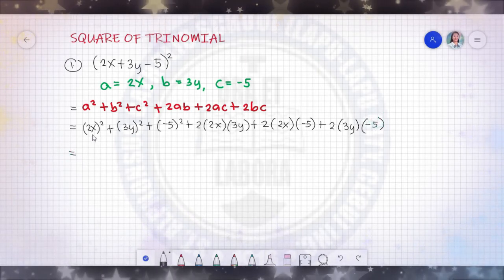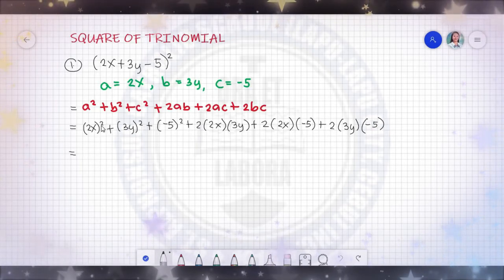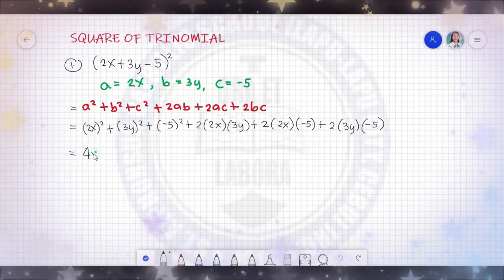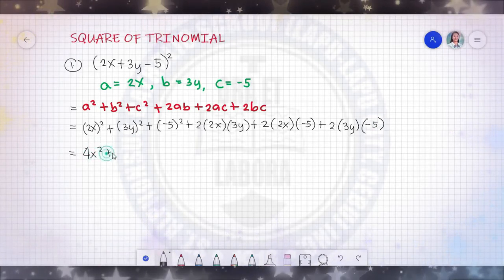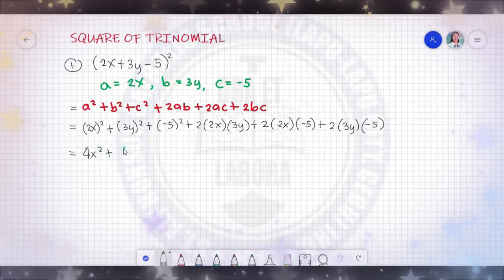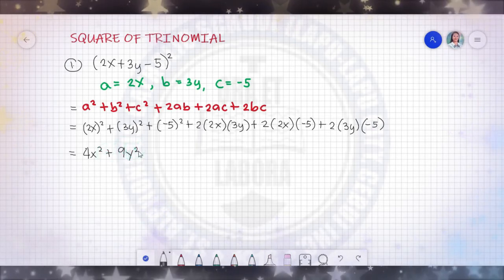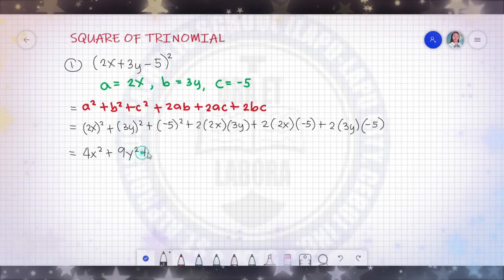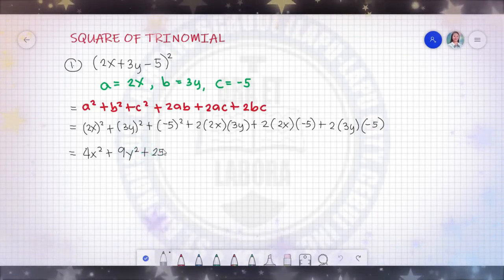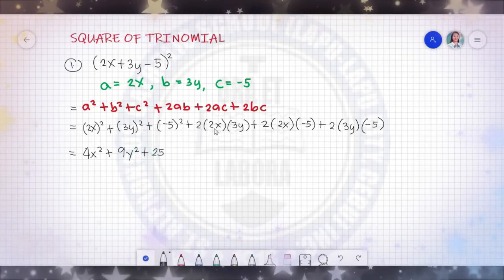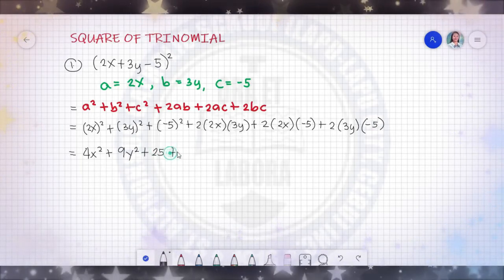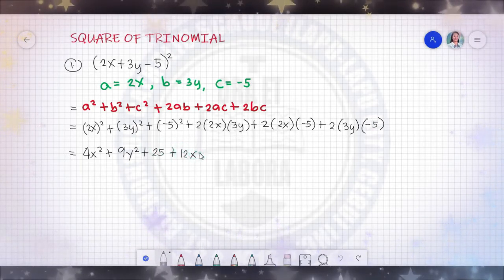This time, simplify. What is 2x squared? The answer is 4x squared. 3y squared, that is 9y squared. And negative 5 squared, that is positive 25. 2 times 2x times 3y, that is 12xy.